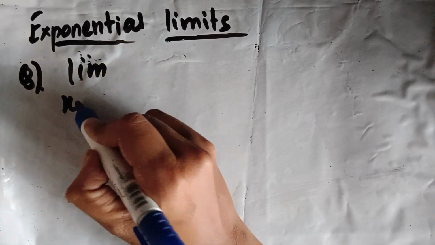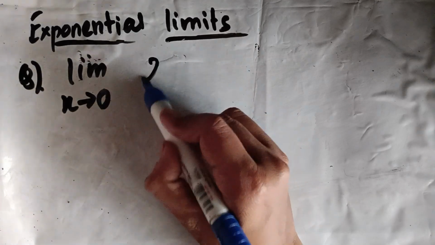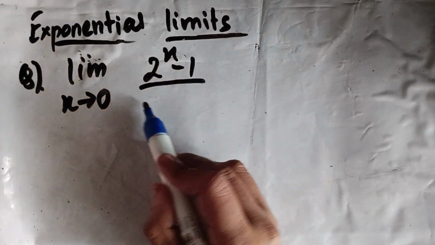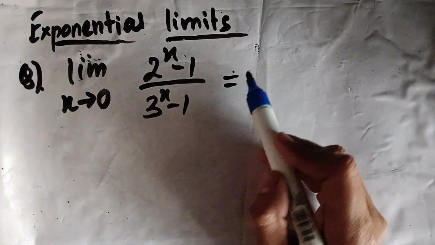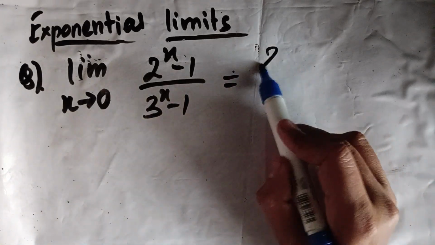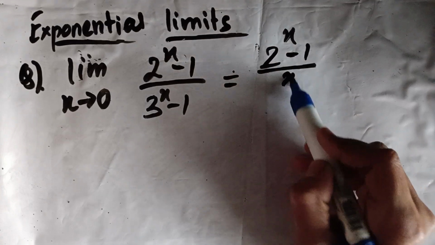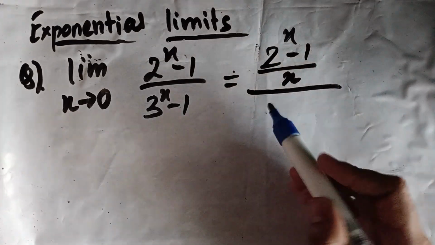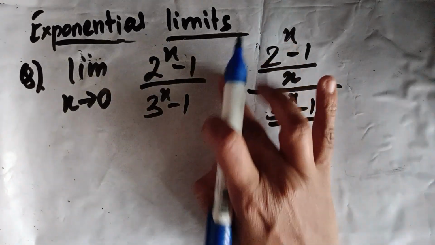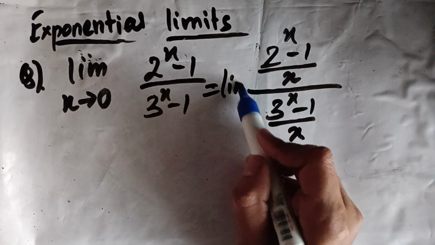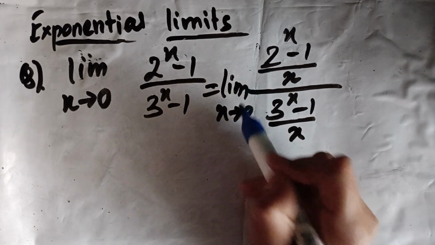Limit as x tends to 0, (2 raised to x minus 1) upon (3 raised to x minus 1). Here we can divide and multiply by x upon x, and that multiplied x will come in the denominator. Here the limit is x tends to 0.